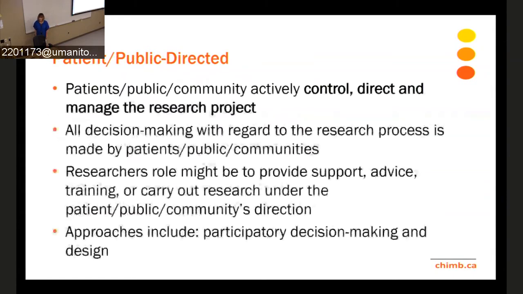And then patient and public directed. This actually means patients and communities and public actively control, direct, and manage the research project. All the decision-making power with regards to the research process is made by patients and public in the community. The researcher's role is typically just giving advice, guidance, training, providing support, or actually conducting the research, but under the direction of the community or patient partners.